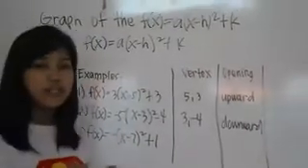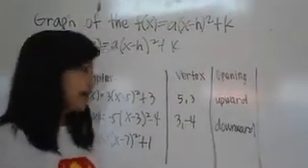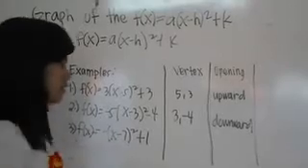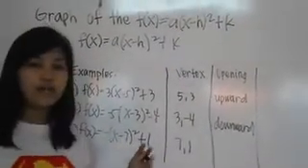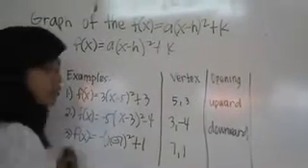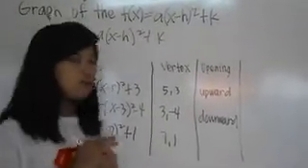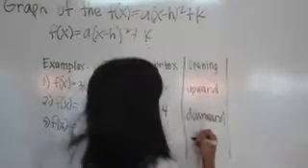In example number 3, the vertex is (7, 1). The negative here will become positive, so the opening of the graph is downward.